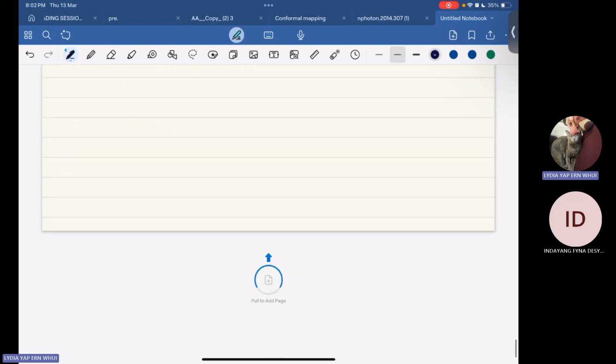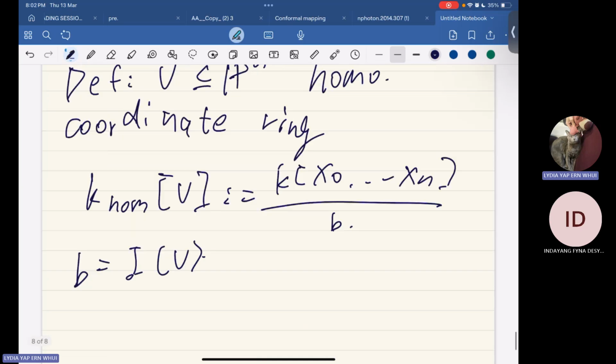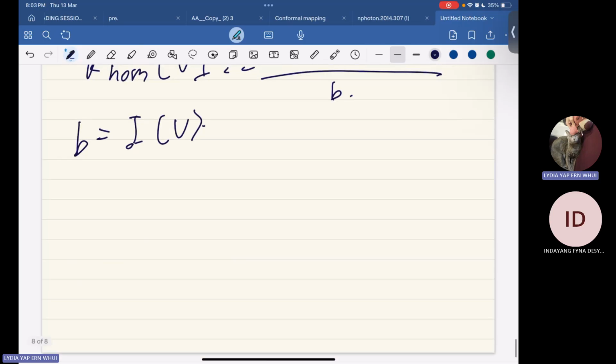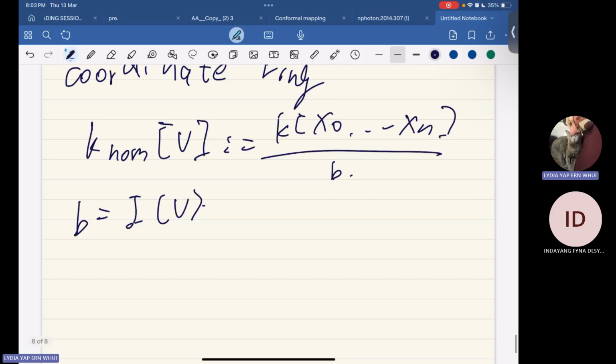Yeah, because we just mentioned this K[x0 to xn] is a graded ring. So after it is quotiented by this B, it is also graded, right? We talked about this a few minutes earlier. And that proof is just for you to see that this quotient ring is also graded.